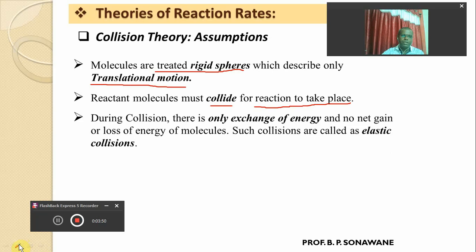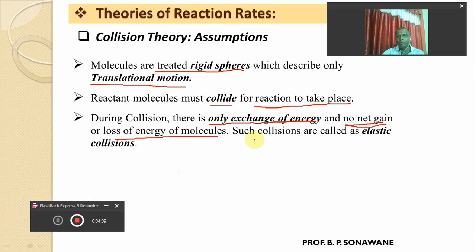Again, another assumption stated by this collision theory is that during the collision there is always an exchange of energy from one molecule to another molecule, but no net gain or loss of energy.